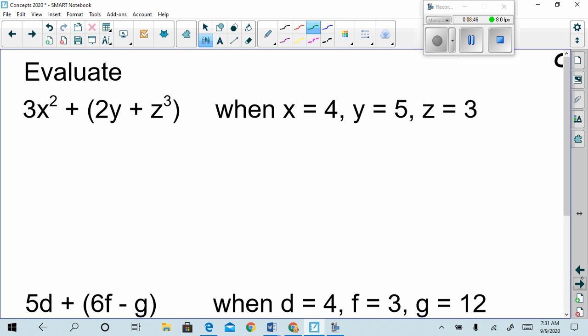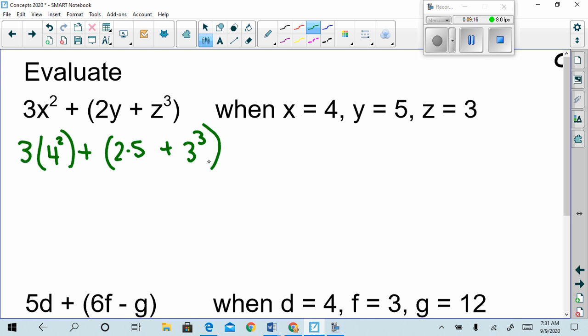The last part of today's lesson is the evaluations. When I see an algebraic expression and I'm given values, x is 4, y is 5, z is 3, I plug them in or replace them. So I've got 3 times 4 squared plus 2 times 5 plus 3 cubed.